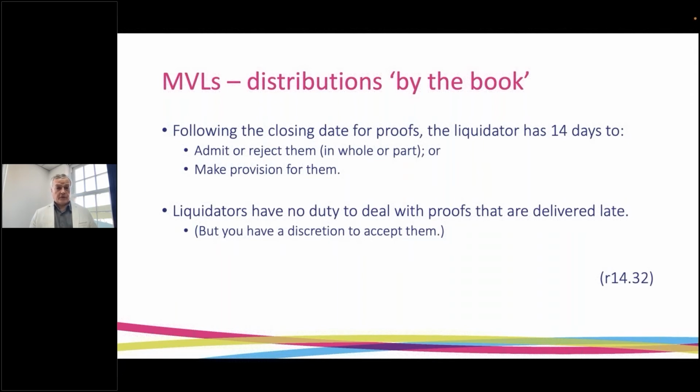And you've got a third option as well, which is that if it's complicated and difficult, you've got the option of making provision for them, setting aside enough funds to pay later if the claim turns out to be good, whilst meanwhile getting on with the distribution to other creditors and asking for more information, more advice, so that you can make your final decision on the difficult and complicated proofs that you've had.